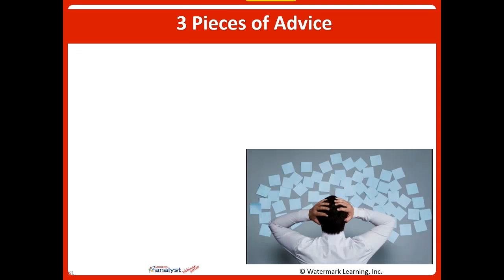When we think about our careers, I want us to think about three pieces of advice for working in an Agile environment. The first, and this applies to all projects, is that we need to be trusted advisors. And I'd even kick it up a notch and say that we need to be strategic partners.